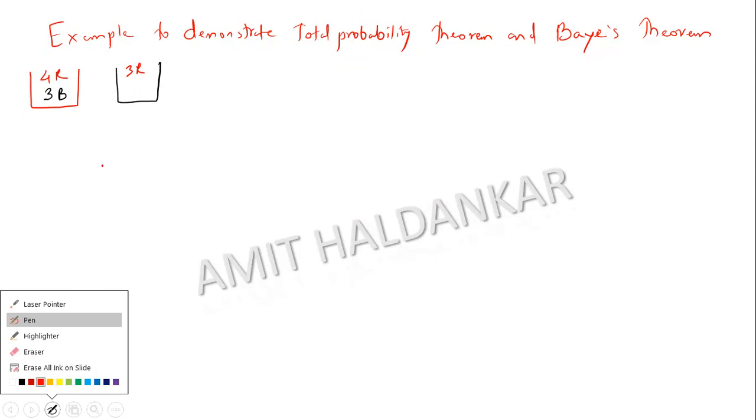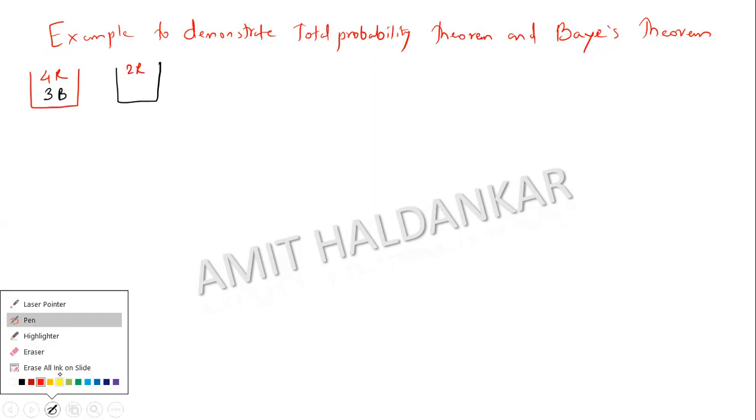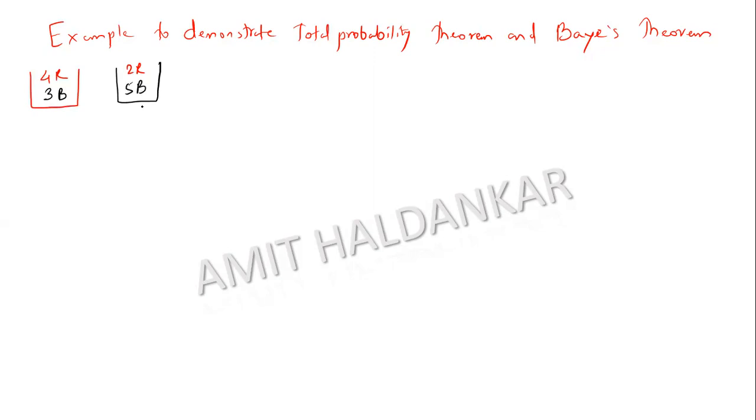Okay, let's take different numbers over here. Instead of 3 red, I'll take 2 red and 5 black. So there are two bags over here which contain 4 red balls, 3 black balls, and 2 red, 5 black. So this is bag 1 and this is bag 2.